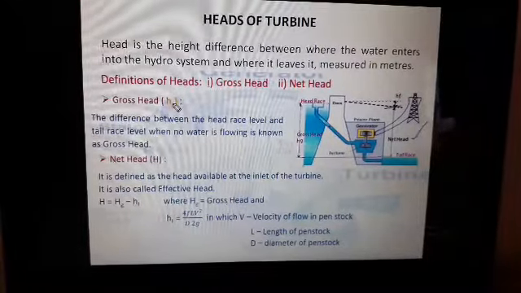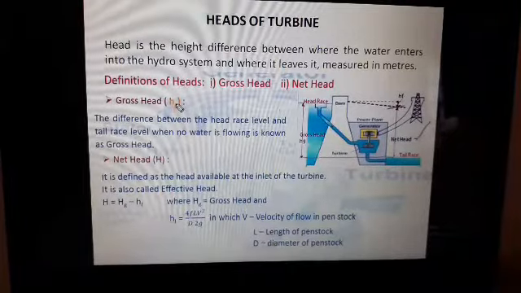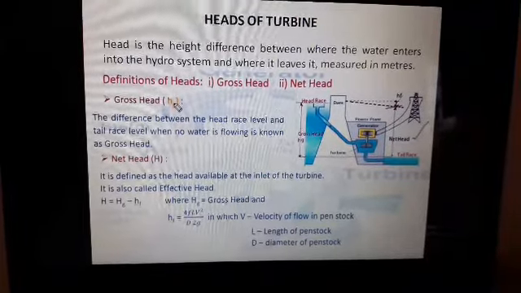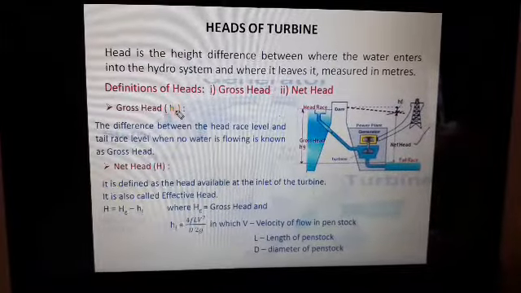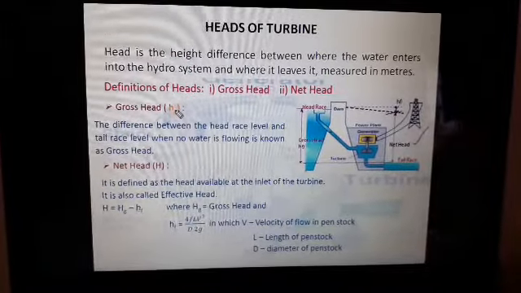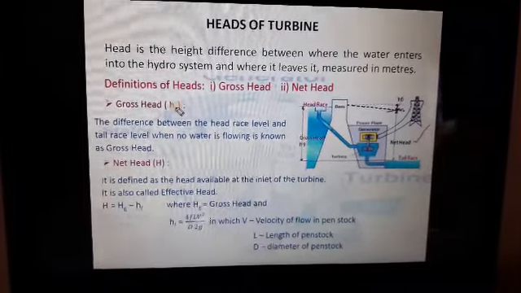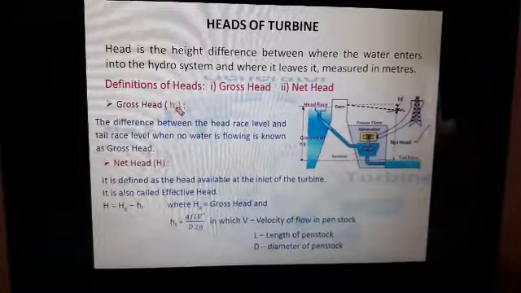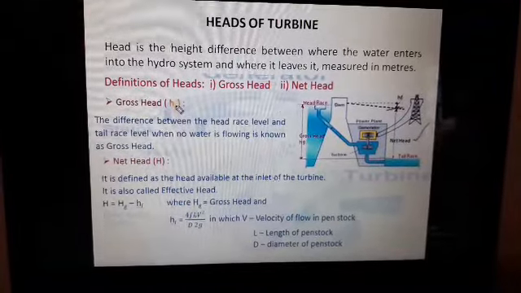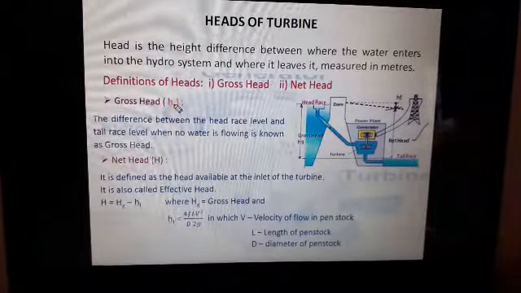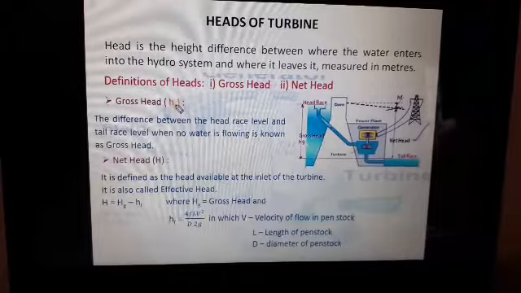If we denote the gross head of the turbine by Hg and the frictional head loss by Hf, the net head will be the difference of gross head and head loss due to friction. As we already studied in flow through pipes, the head loss due to friction is generally calculated with the help of the Darcy-Weisbach formula, which is written in this presentation.